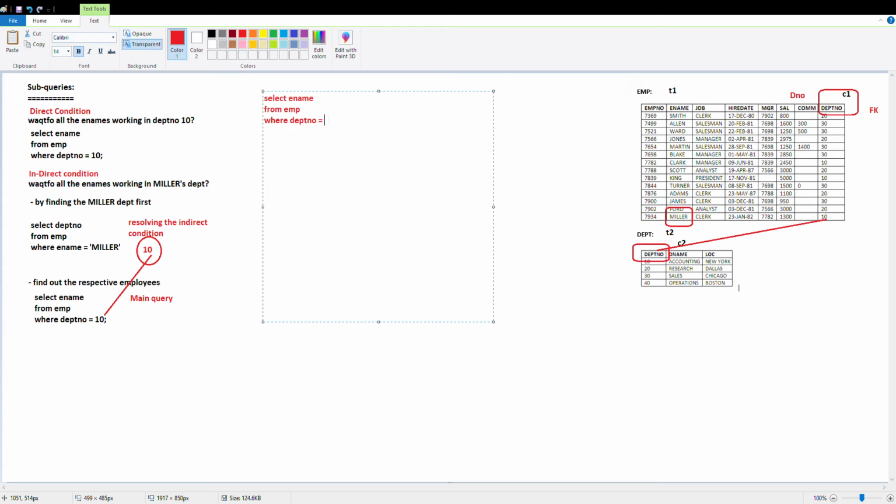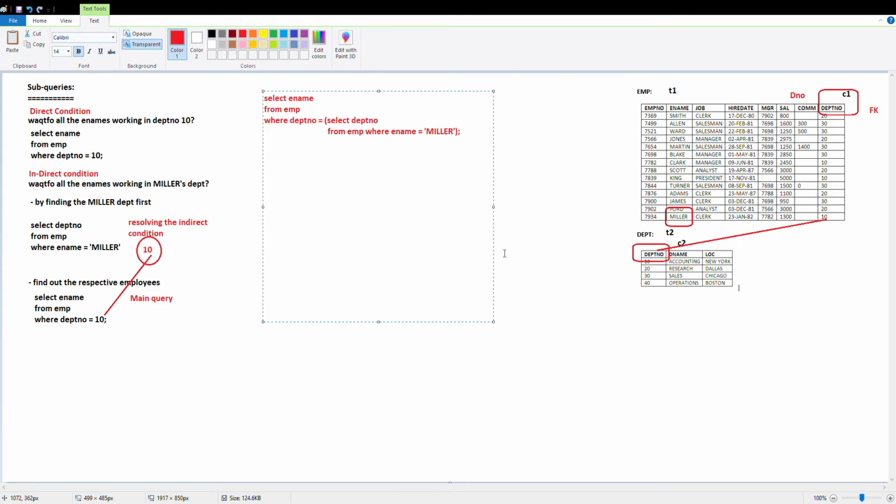How did I get this 10? I got this 10 from the previous query. So what I'm going to do is say select department number from EMP where ename is equal to Miller.